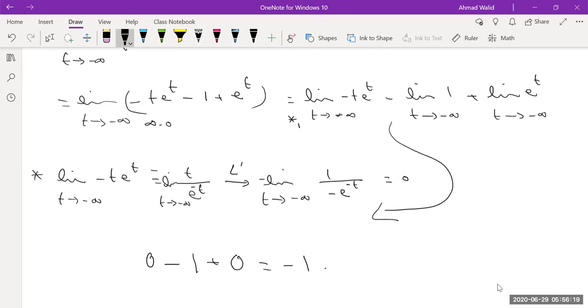Your eyes should be really familiar. As soon as you see limit of negative t e to the t, correct? Oh, this is L'Hopital's rule. Or if you see the integral of x e to the x, oh, I have to use integration by parts. That's why it's really important to remember all those topics to be able to deal with these problems, correct?